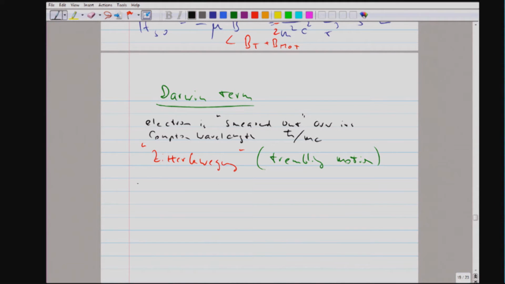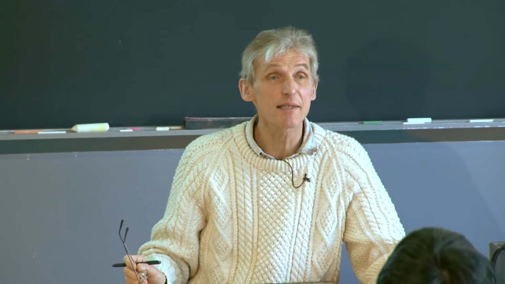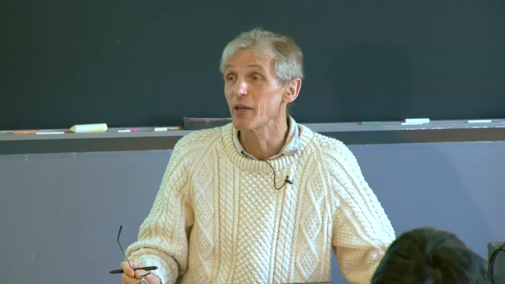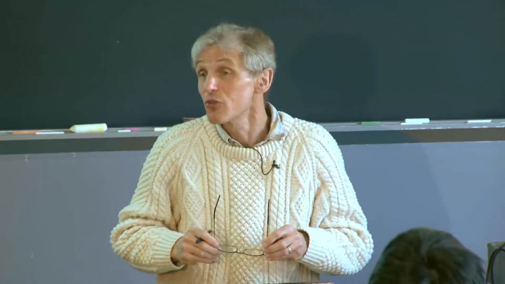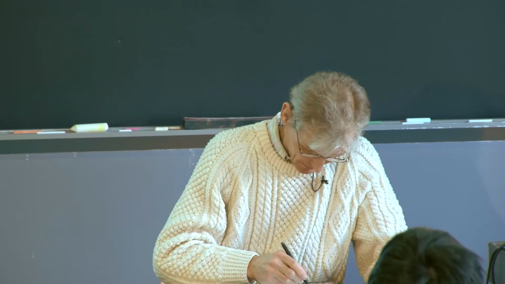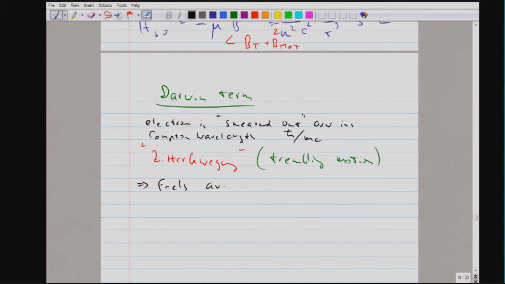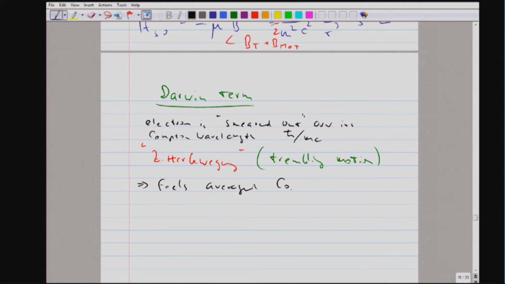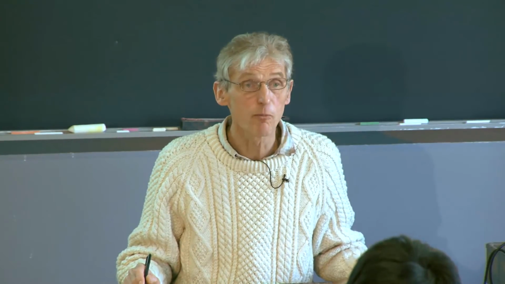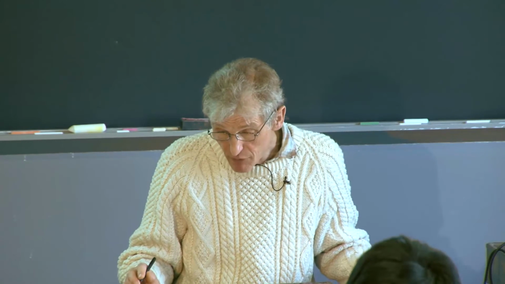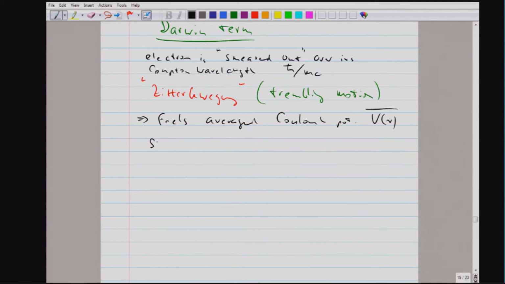But that implies that if this trembling motion is sufficiently fast, we should not use the Coulomb potential in our Schrödinger equation. We should use the Coulomb potential spatially averaged over the Compton wavelength. So the phenomenological derivation of the Darwin term goes by replacing the Coulomb potential in the Schrödinger equation by the spatially averaged Coulomb potential. Let me now derive what that means.